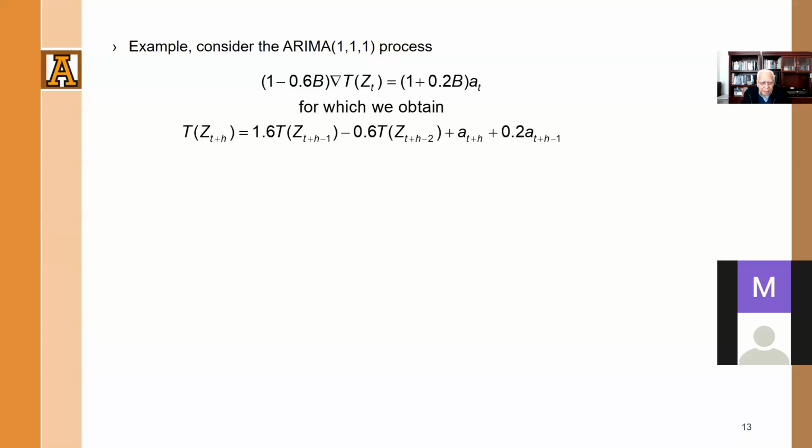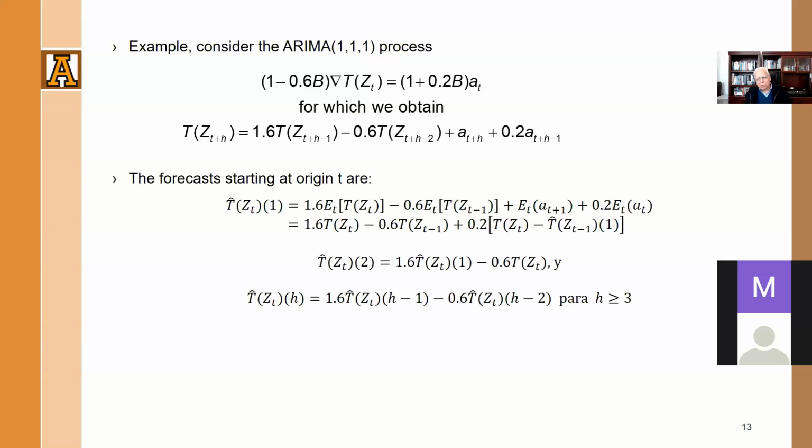All we did here is write this equation as 1 minus 0.6B times 1 minus B of T of Zt equals this thing here, and then put everything on this side, leaving only the t plus h value of the transformed series on the left side of the equation. That's all we did.